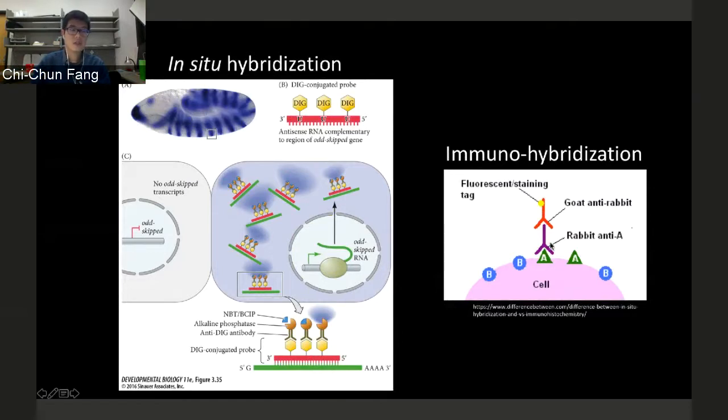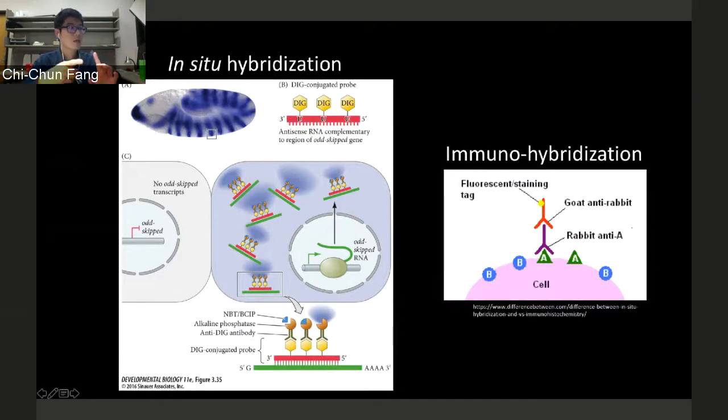The first antibody will bind to that protein, and then we treat the sample with the second layer antibody, which is attached to a fluorescent tag, so we can see the color after the tag is excited by the laser. Same idea. I hope you don't get confused at this moment.